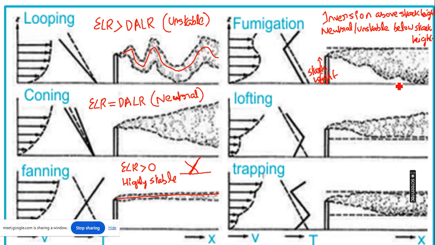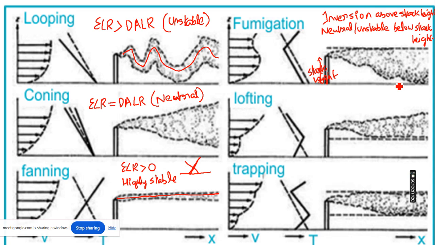So that is the fourth one, where there is inversion above stack height and neutral or unstable condition below the stack height. So in this case, since the plume motion is restricted above the stack height, it will disperse towards the ground only. So because of that, there will be high pollution near to the ground. So that is the fourth one, fumigation.